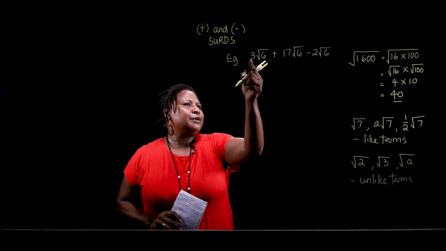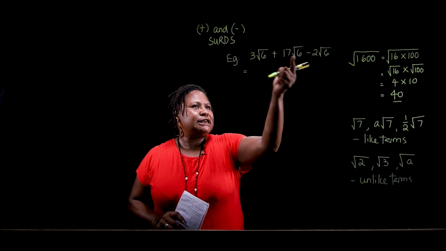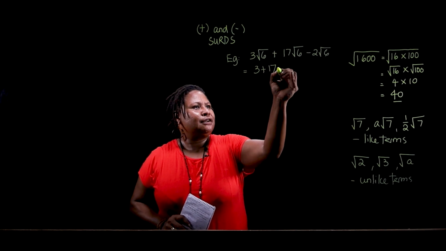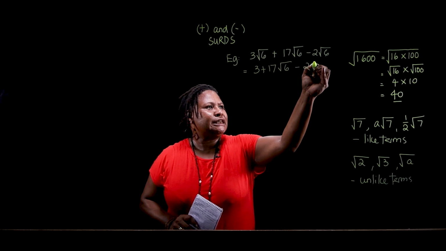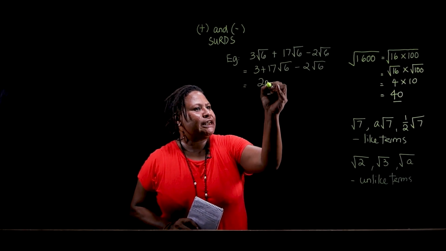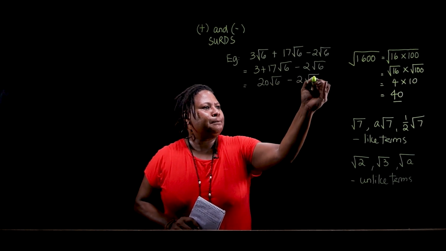So we have 3 root 6 plus 17 root 6. We write 3 plus 17 root 6 minus 2 root 6. This becomes 20 root 6 minus 2 root 6.